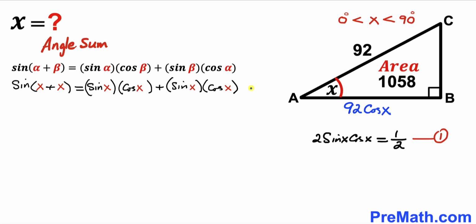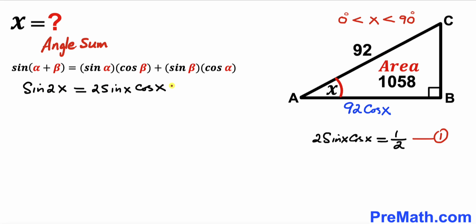So we get sine of x plus x equal to sine of x times cosine of x plus sine of x times cosine of x. On the left hand side, sine of x plus x gives us sine of 2x. Both terms on the right are identical, so let's combine them: 2 times sine of x times cosine of x. Let me call this our equation number 2.